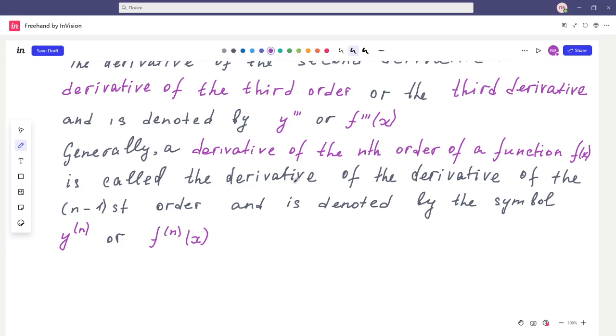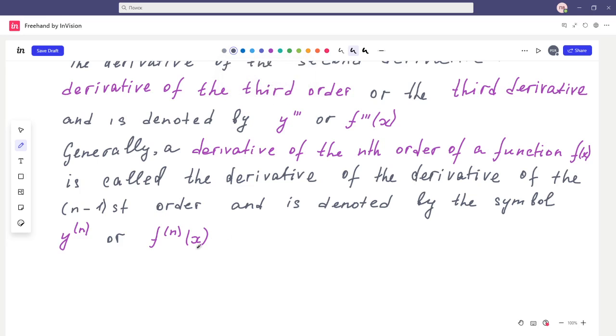The order of the derivative is taken in parentheses so as to avoid confusion with the exponent of a power. Derivatives of the fourth, fifth, and higher order are also denoted by Roman numerals.